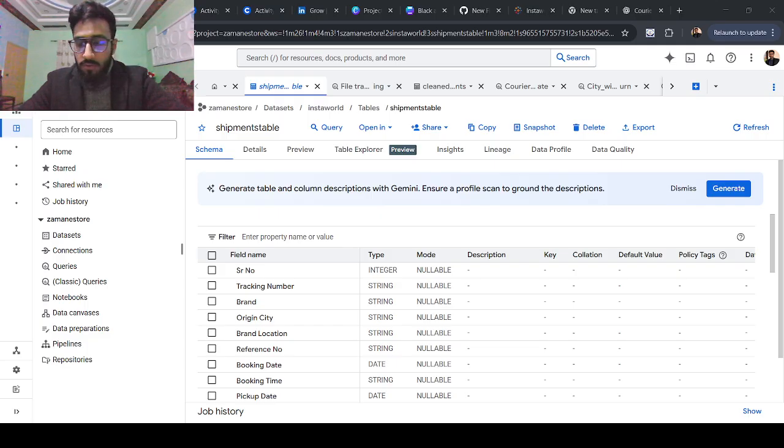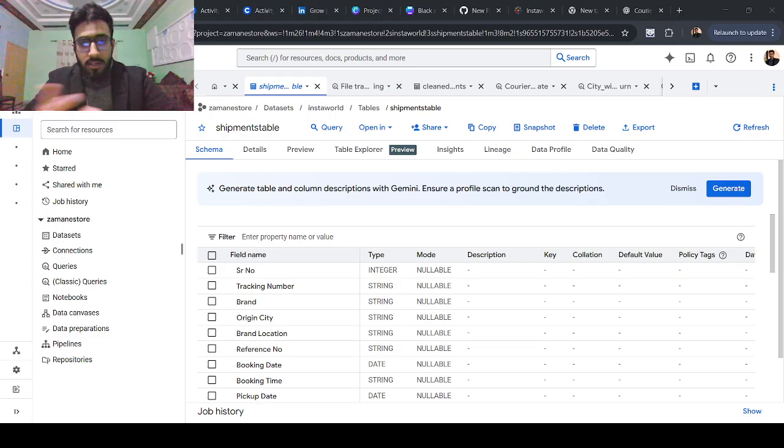So I needed to perform an analysis to get some pretty cool insights about each courier service collectively using this platform. The first thing would be to see which courier service is performing the best in terms of return ratio or in terms of successful deliveries.